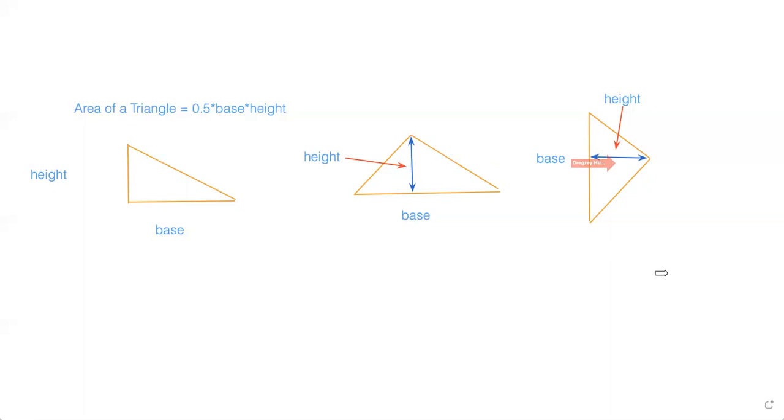The other shapes that commonly come up, and so I'll draw a few more examples, is, you're going to see also rectangles, and you'll have to calculate the area of a rectangle.